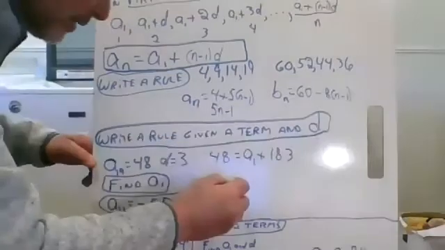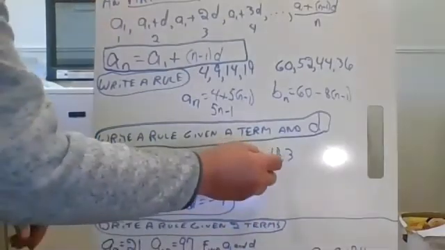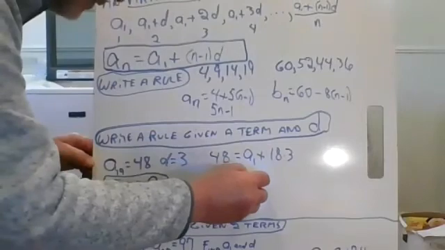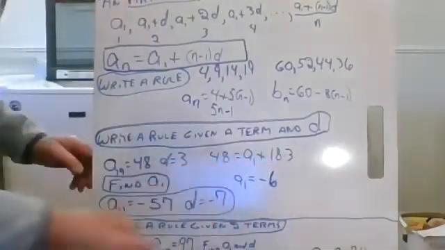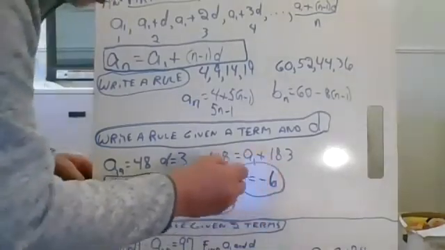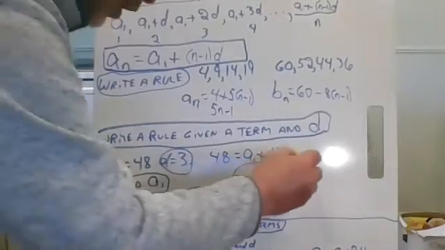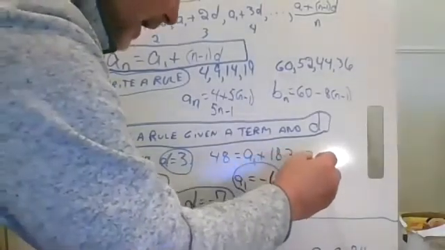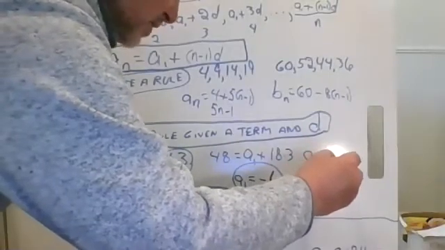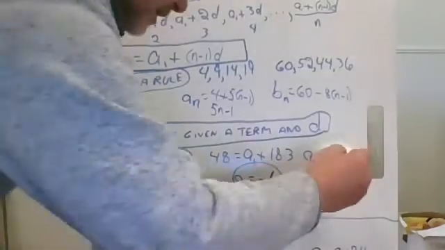And from that, we can find a sub 1. It's 48 minus 54, which is what? -6. And now that we have a sub 1 and we have d, what is a sub n? It's a sub 1, -6, plus n minus 1 times d.